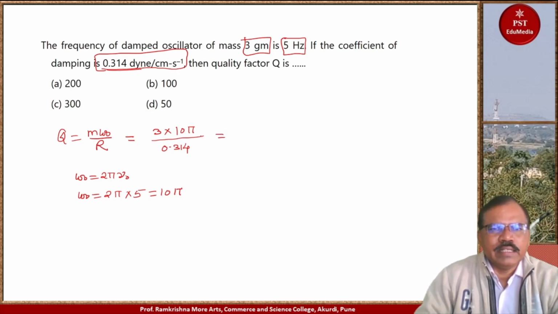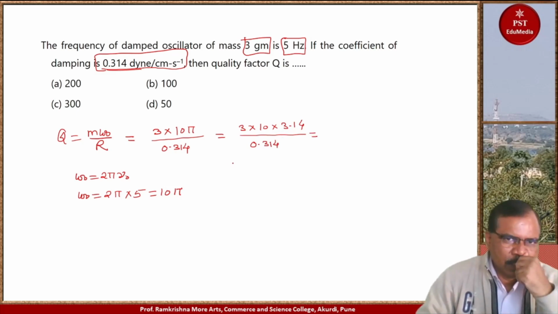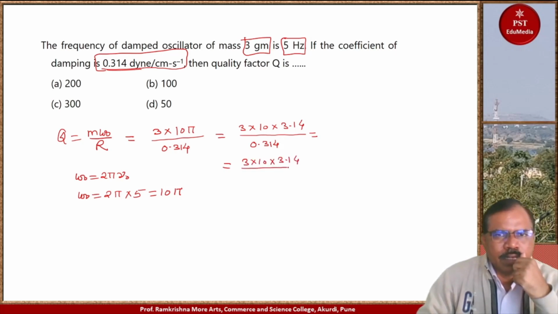So you can write this as 3 into 10 into 3.14 divided by 3.14 into 10 raised to minus 1.